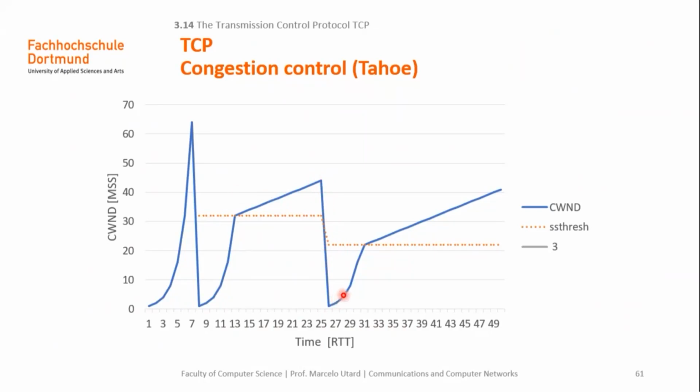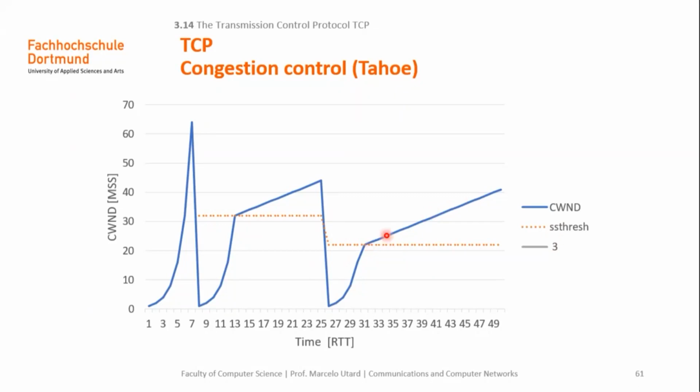Then the congestion window will be increased exponentially until it reaches the value of the slow start threshold, and after that the congestion avoidance phase will increase the congestion window only by 1 MSS each round trip time.